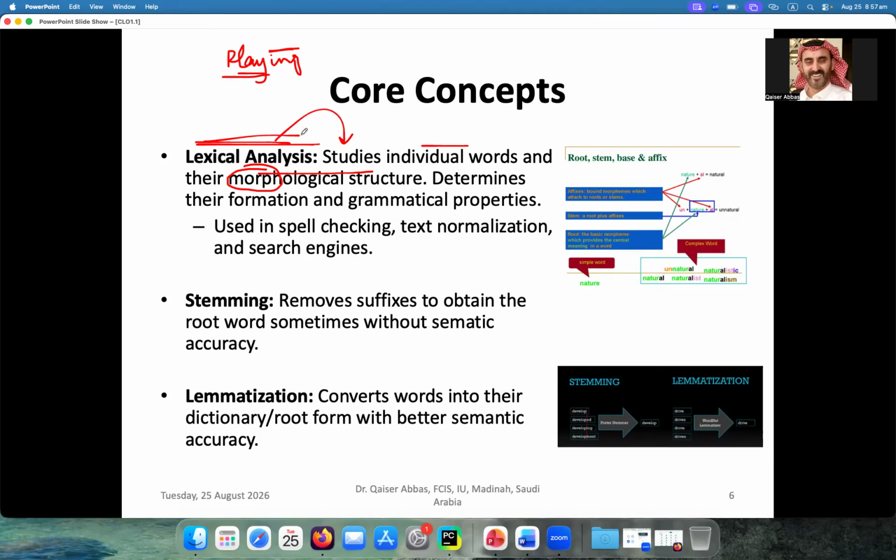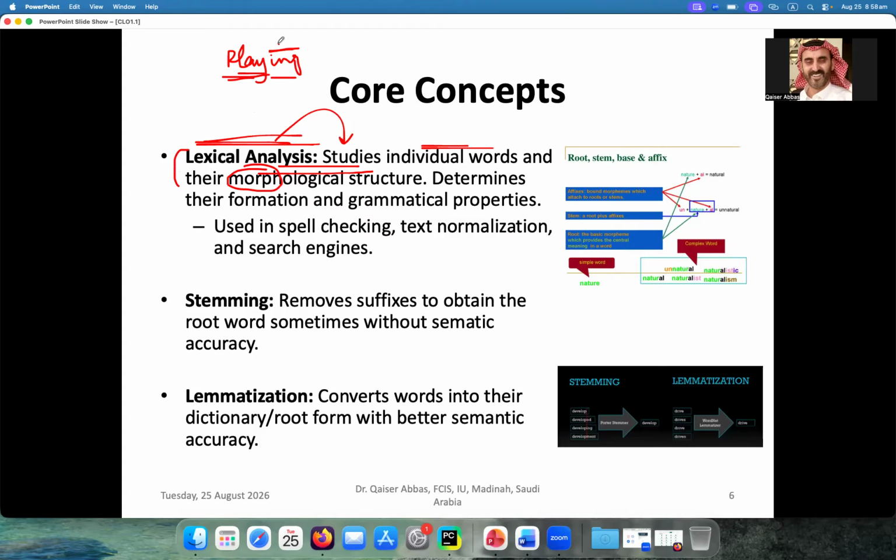So then lexical analysis will do what? It will study individual words and their morphological structure. You will see in this analysis how these words are built from different parts, and what their grammatical structure is.